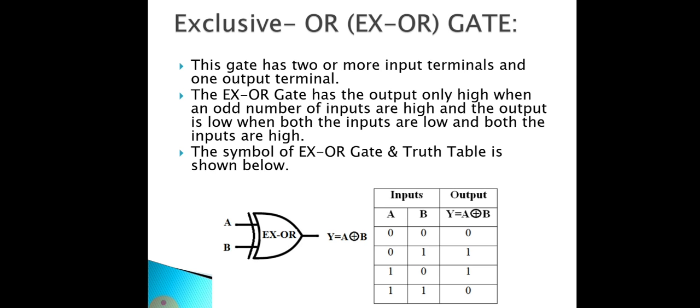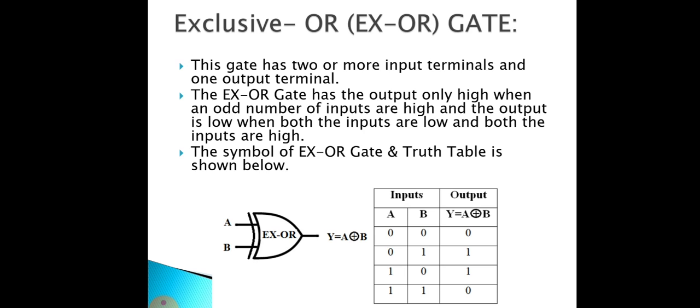Now we will see the next gate, the XOR gate. The gate has two or more input terminals and only one output terminal. The exclusive OR gate is abbreviated as XOR gate.